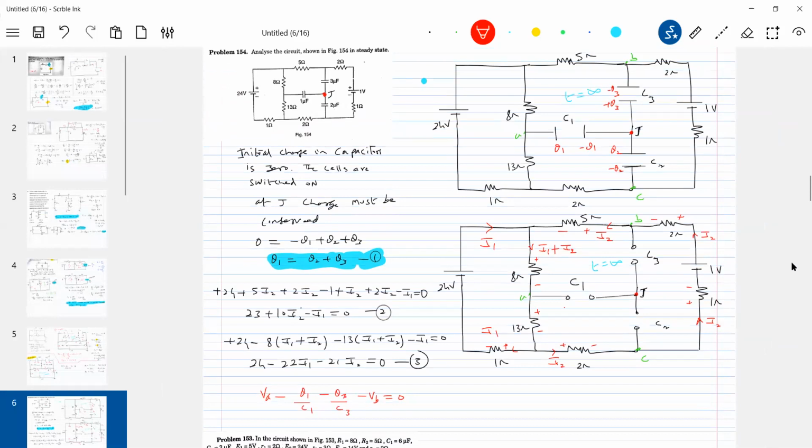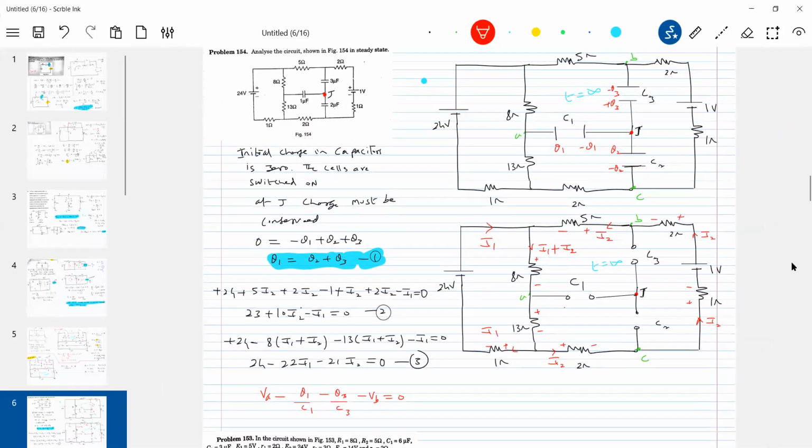First, after getting I1, I2, you have to calculate VAB. How to calculate VAB? Again, writing KVL, you'll get VAC. Then VBC. After that, again looking at the first circuit, calculate VAB. So what about VBC? You can use this method.